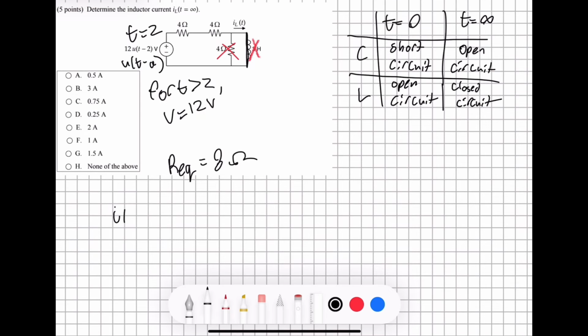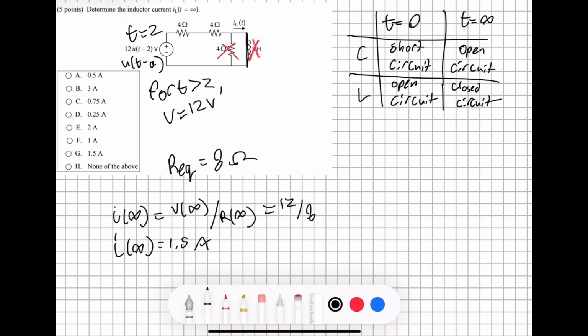The current when t is equal to infinity is going to be equal to the voltage at t equals infinity divided by the resistance at the same time. Because we've already solved for that, V is equal to 12 and R is equal to 8, that means that the final current that we're going to get is going to be equal to 1.5 amps.